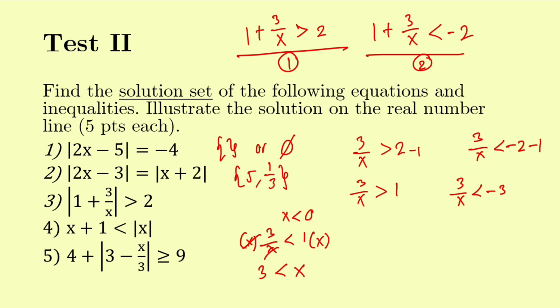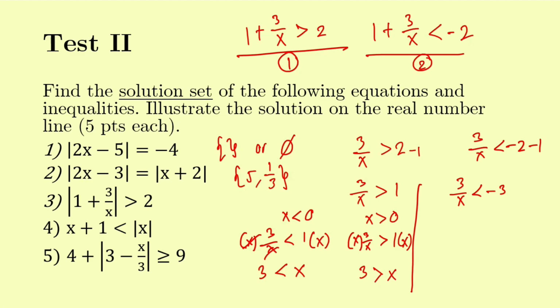Dito naman, kapag positive ang value ni x for this first side pa lang, ang litaw dyan is same lang. So, we are multiplying x to 3 over x, and that's greater than 1 times x. That means 3 is greater than x.